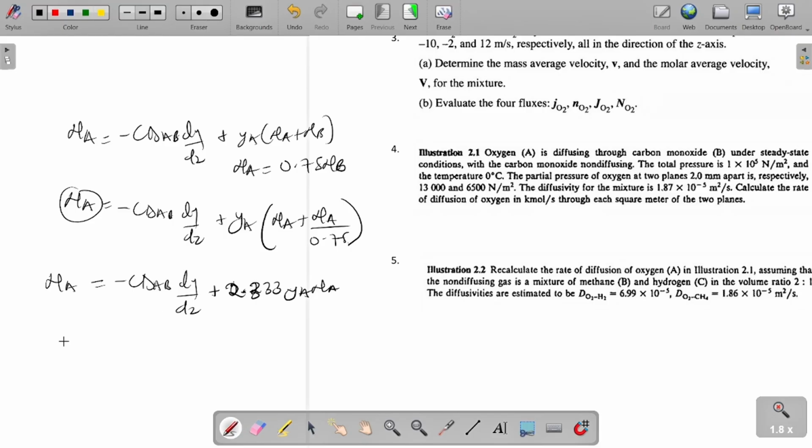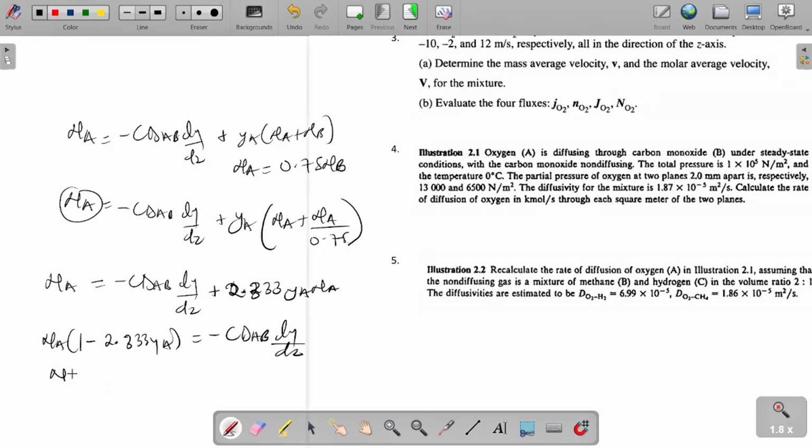If I shift this one to this side and factor it, I'll get NA times (1 minus 2.333 YA), which should be equal to minus C DAB dy dz.